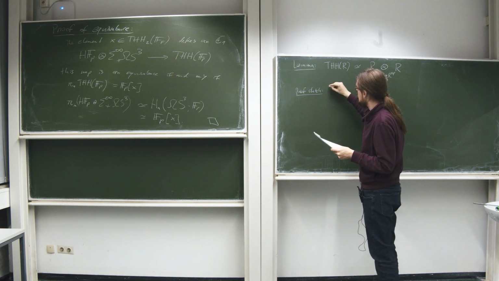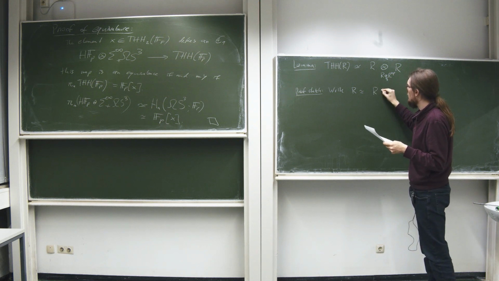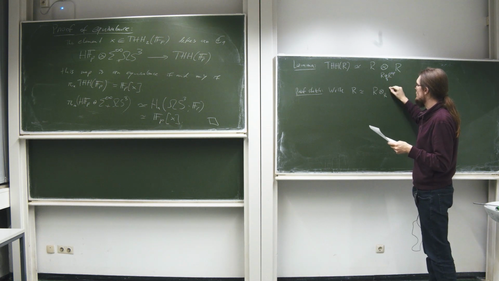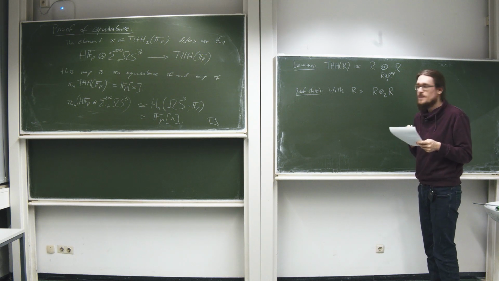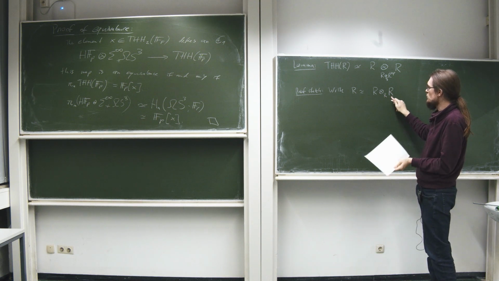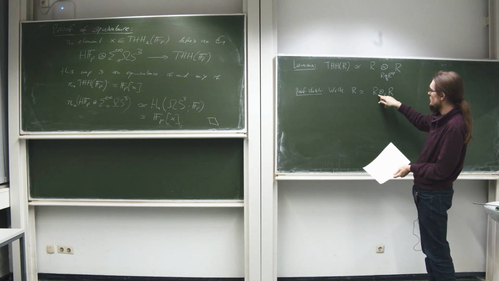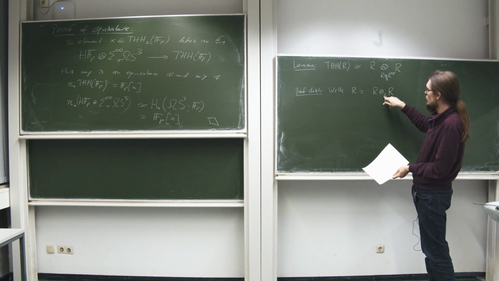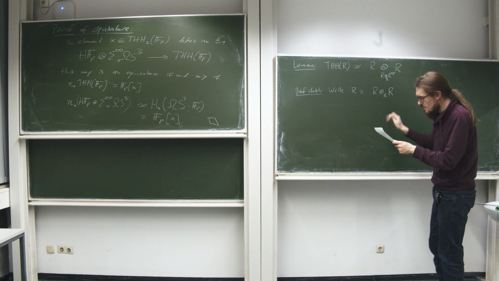Namely, the idea is that we write R as R tensored over itself with itself. Right? This is the usual fact that if you tensor over a ring with a free module of rank 1, you don't change anything.